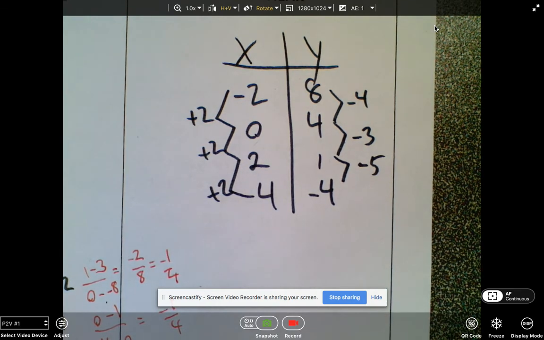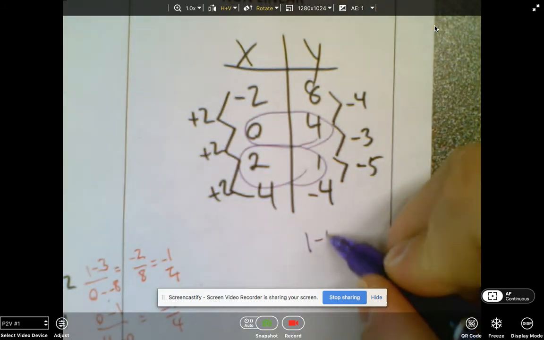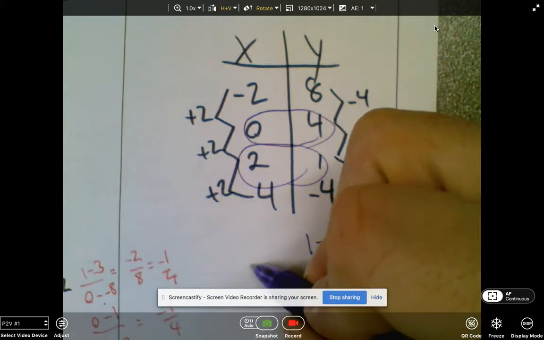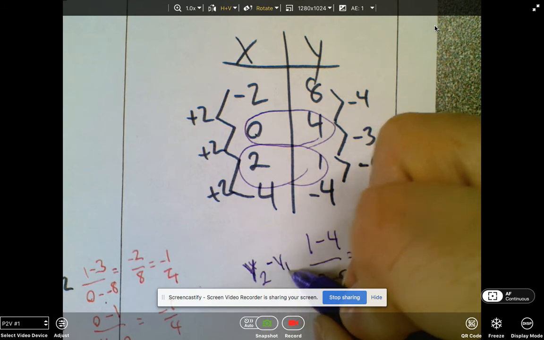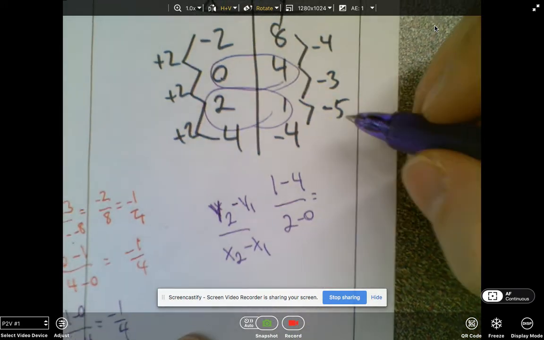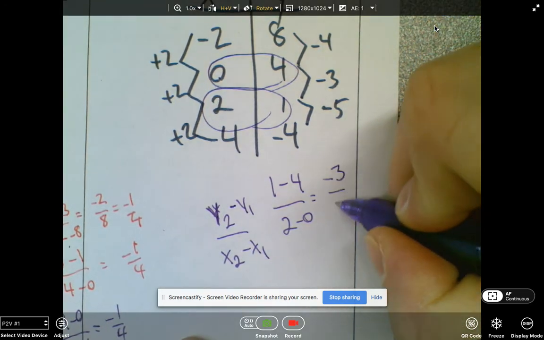So I'll do these two coordinates in purple. 1 minus 4, 2 minus 0. Again, this comes from the y2 minus y1, x2 minus x1 formula. So this comes out to -3/2.